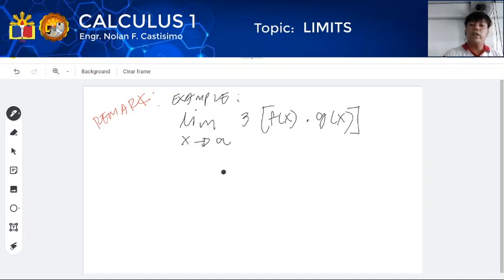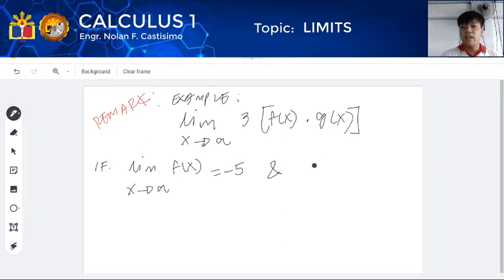So, bago muna yan, magbigay muna tayo ng value ng f of x and g of x. So, let's say if limit of f of x as x approaches a is equivalent to -5. And the limit of g of x as x approaches a is equivalent to -2. Ayan. So, substitute natin yan dito sa given example natin.